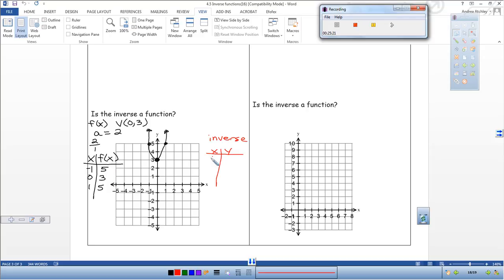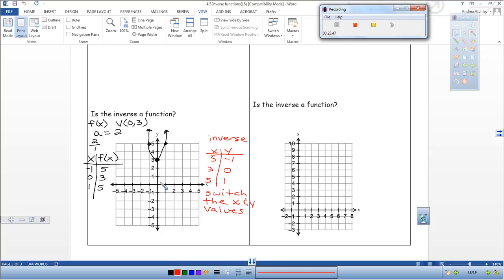So it's going to be 5, 3, 5, and then -1, 0, and 1. Okay, so you want to switch the x and y values to find the ordered pairs for your inverse.